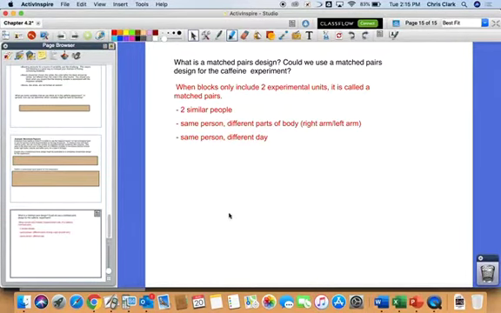So here's an example. A girl in my class 2 years ago decided that she wanted to do her second semester project as a matched pairs design. She wanted to see how students did on a test or a quiz or some sort of assessment if they had pressure versus no pressure. This was in my Honors Algebra 1 class that she used as the experiment.